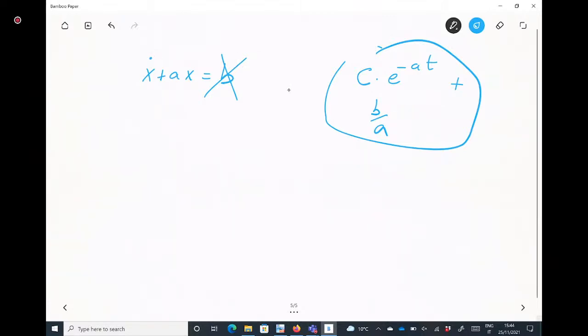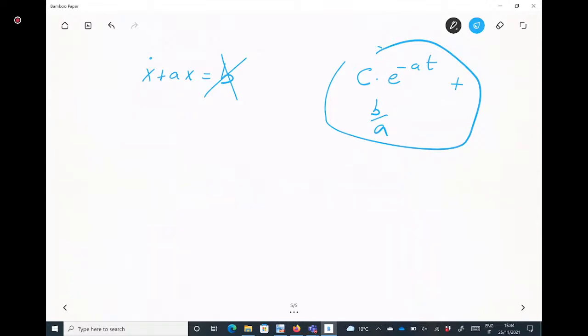Here, it's easy because you can find a steady state. In a case in which b is not constant, for instance, instead of being 2, it's equal to 2 plus 1/2 t, we must be able to find a particular solution by a method which is called, it's a type of trial and error method, okay? It's called method of undetermined coefficients.